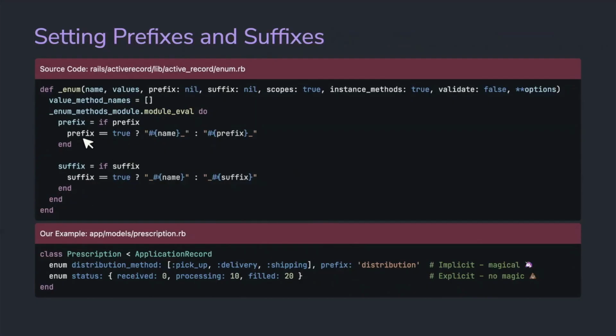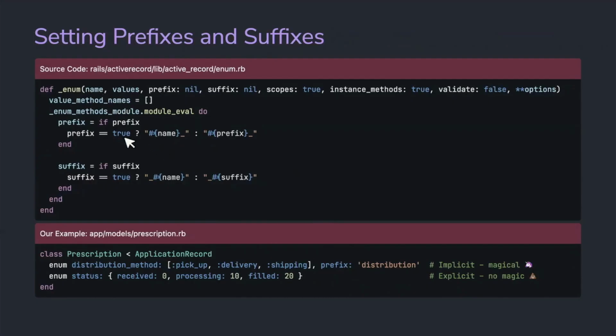So prefix does exist. Now here, this is a double equals right here. It's hard to tell because they smushed them together. But you remember how prefix you could either enter true or a string, right? So if it's true, we're going to use the name of the enum attribute.